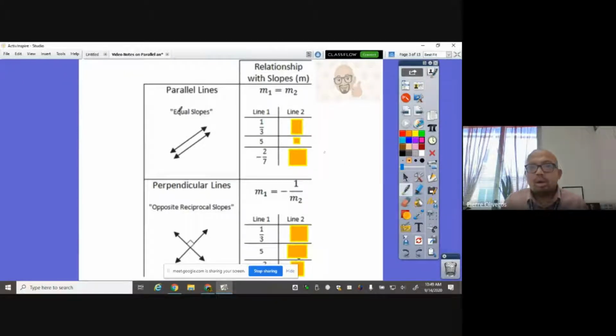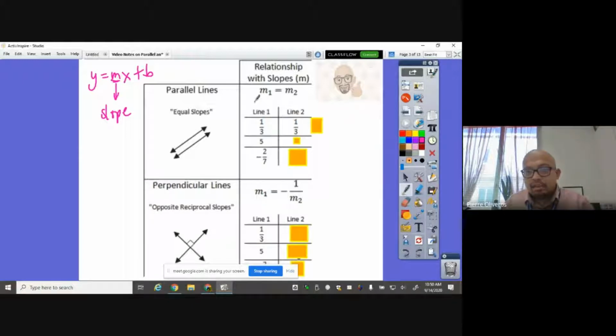We know that when we have an equation, we can set it in slope intercept form of y equals mx plus b, wherein m stands for your slope. So if you have two equations, for you to determine if they are parallel, their slopes must be equal. So if line one has a slope of 1/3, the slope of line two must also be 1/3.